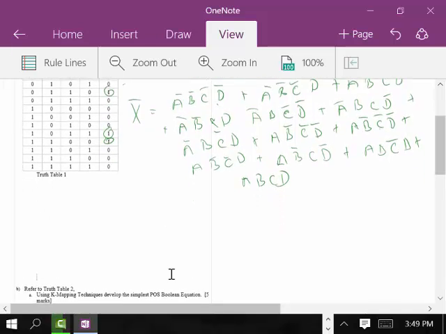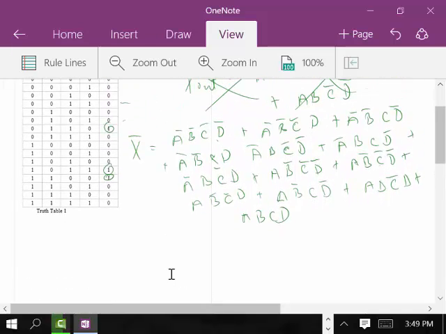What you need to do at this point is you need to then realize what the function is right here.